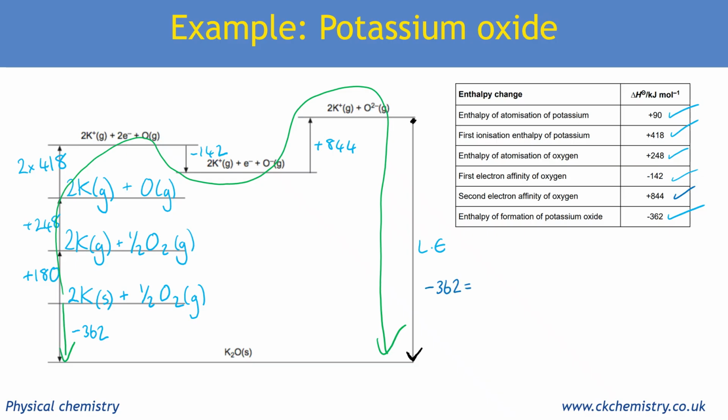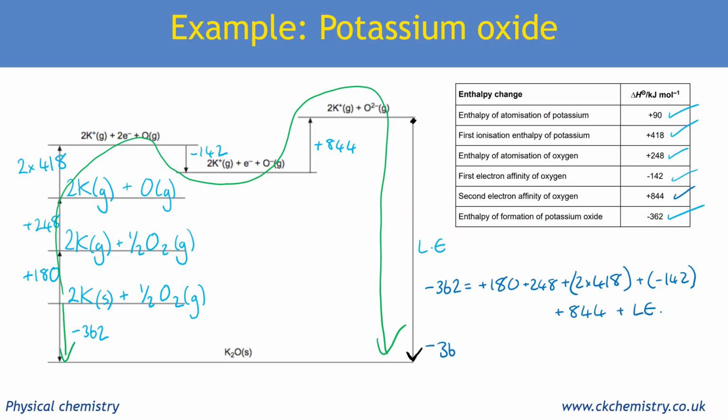That is equal to everything else: plus 180, plus 248, plus 2 times 418, minus or plus -142 if we want to keep that same standard, plus 844, plus lattice enthalpy.